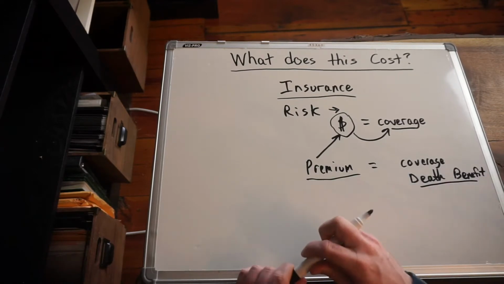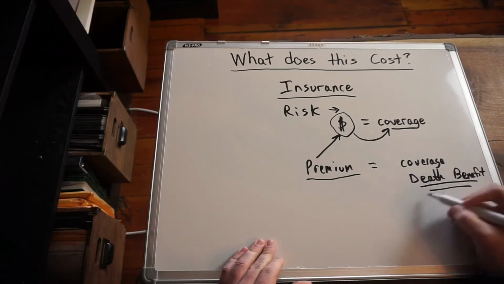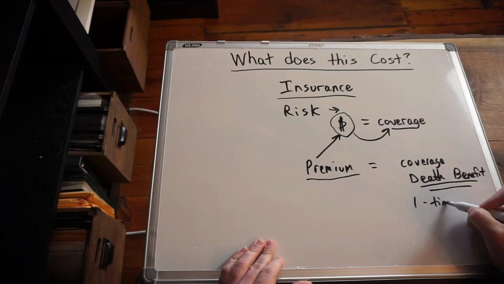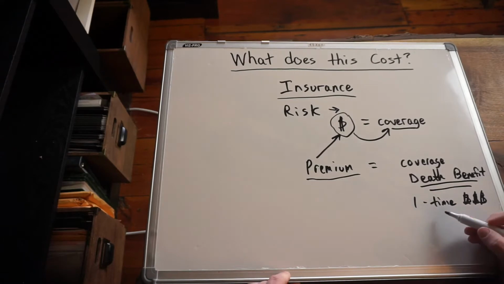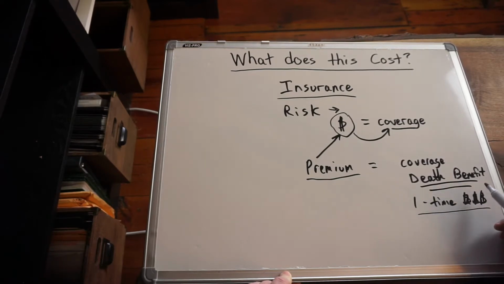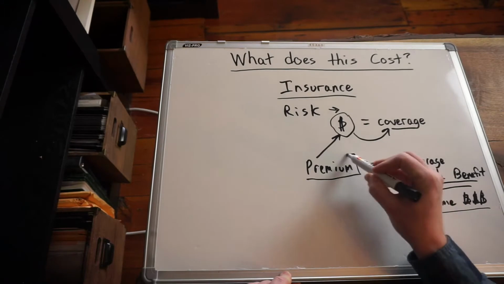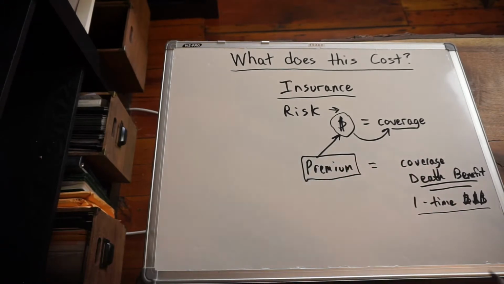And if they were to pass away, this is a one-time lump sum that's going to get paid out to a beneficiary, which is essentially the person that you choose who's going to receive this one-time tax-free lump sum when you pass away or whoever you're insuring passes away. So in order to pay for that death benefit, that one-time lump sum, the insurance company charges you a premium.